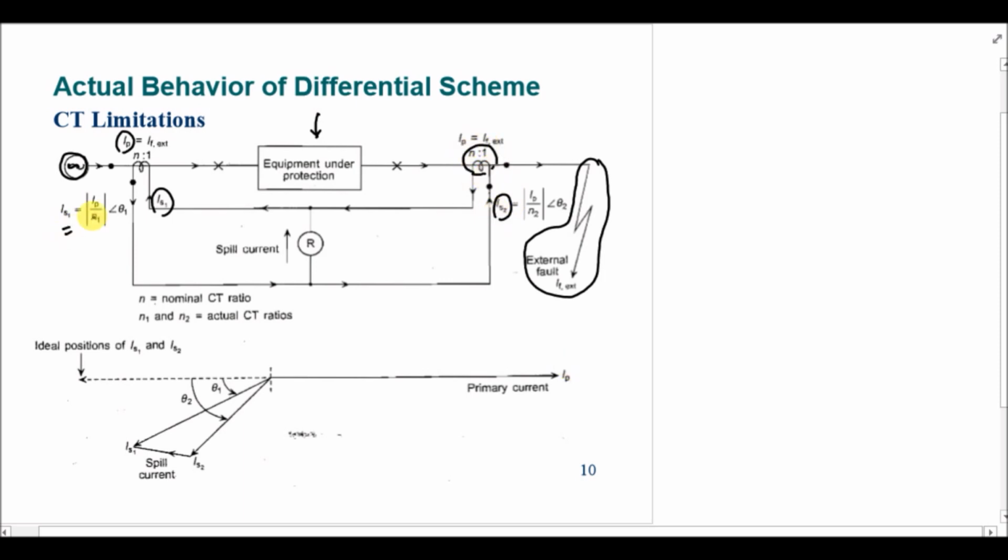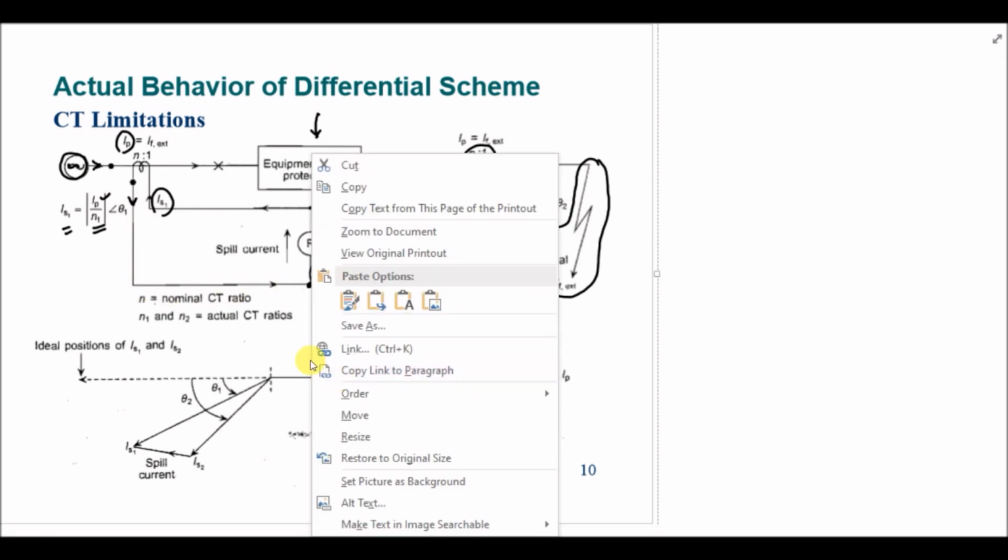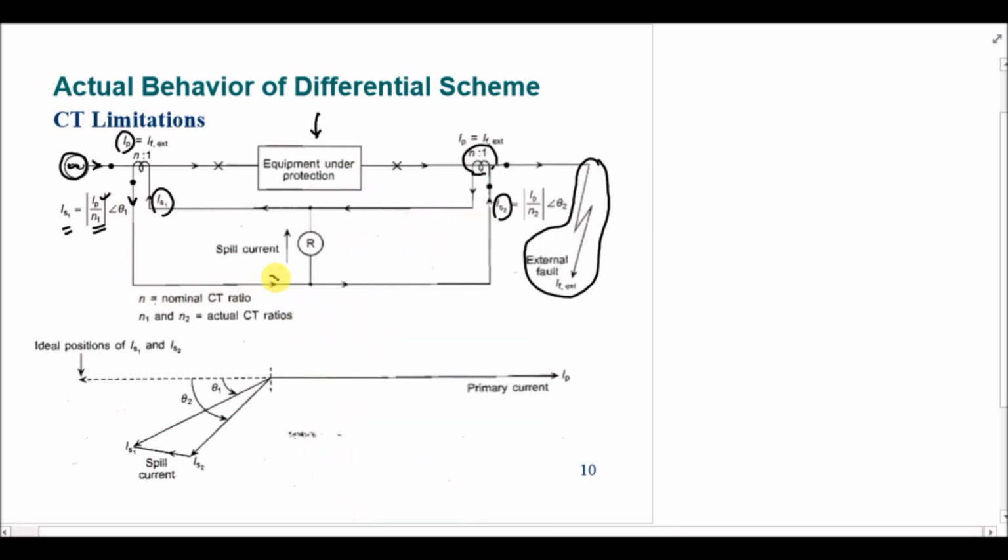So this IS1 is actually IP divided by N1, which is the turn ratio of the CT. If the current is entering this dot, the current will be leaving this dot, and this current will be approaching this node, and the current at this point is IS1. Similarly, the current through this CT is leaving the dot, then in the secondary of this CT the current will be entering the dot, so this current should be IP over N2, right?